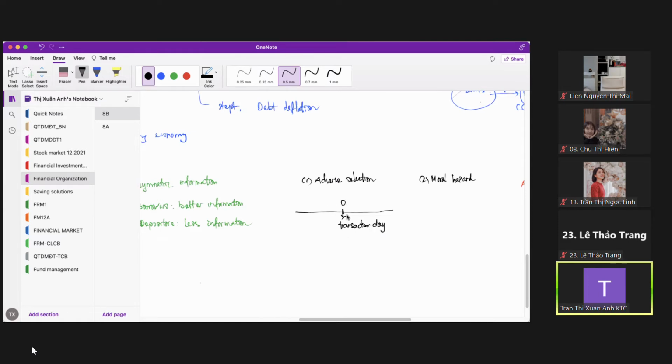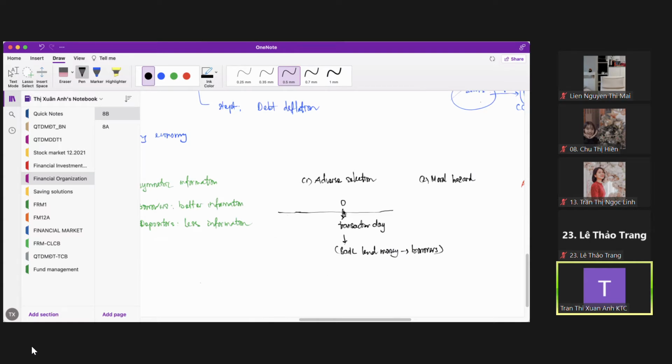So adverse selection happens before the transaction day. It means let's say today the bank agrees and signs the contract to lend capital to the borrowers. So what happens?